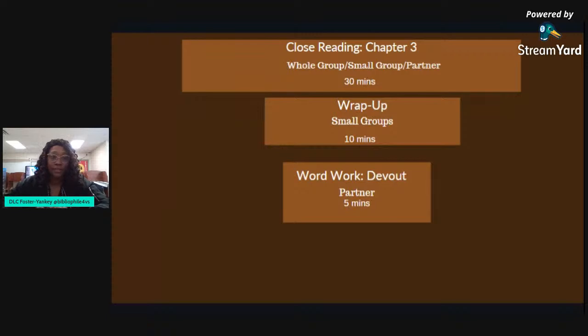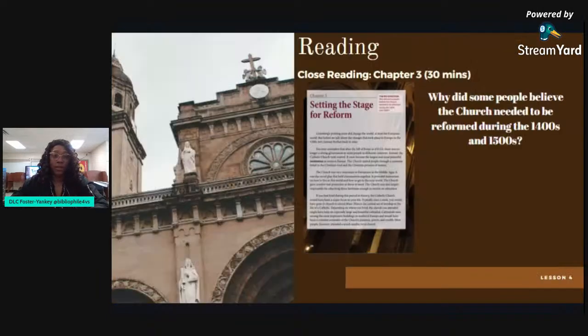All right, so reading is divided into 3 subcomponents for a total of 45 minutes. The first subcomponent is close reading, which is 30 minutes out of the 45 minutes. For this section, the teacher is going to begin by reviewing student responses to activity page 3.2, which was assigned for homework in the previous lesson.